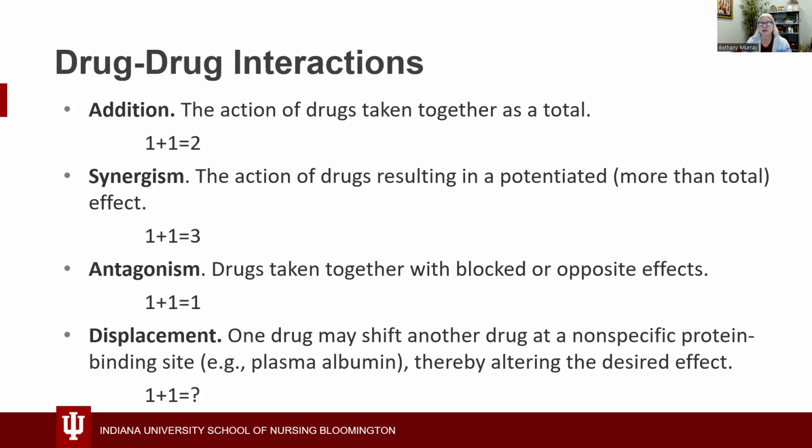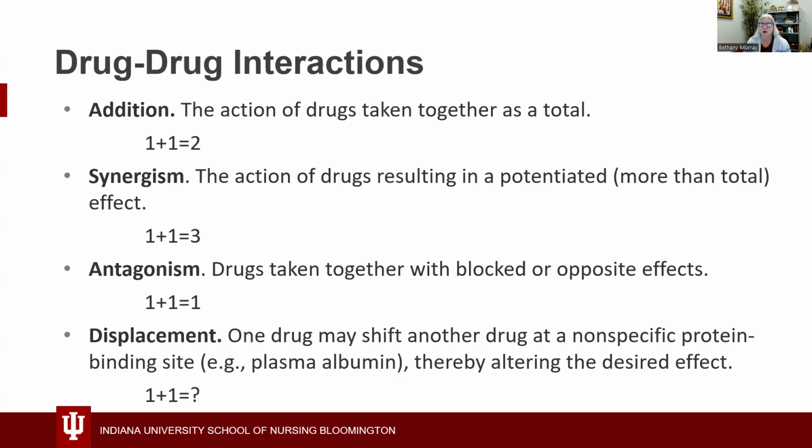So maybe a person has high blood pressure, they're on antihypertensives, they're poorly controlled, and they have an episode of depression or anxiety, and we're selecting an antidepressant. We might actually consciously think, well, if I use fluoxetine, I'm going to have the added benefit of lowering the blood pressure a little bit. Whereas if I use this other product that doesn't have this synergistic effect, it will not have any impact on the blood pressure. So that might be something you want, and it might be something you don't want.